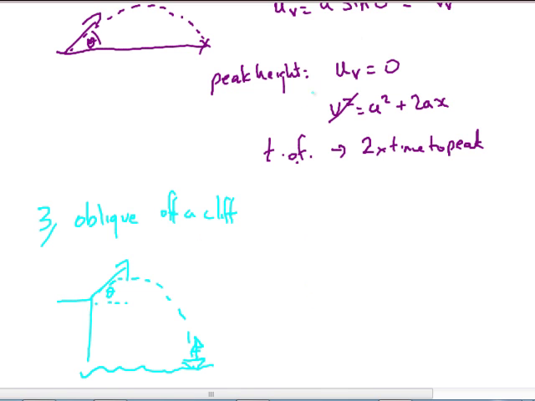Again, same deal with initial horizontal velocity U cos theta, and U vertical is U sine theta. Final horizontal velocity is the same because there's no acceleration. However, this does not equal the negative of the initial vertical velocity, because it's now got acceleration under gravity all the way down below that cliff.